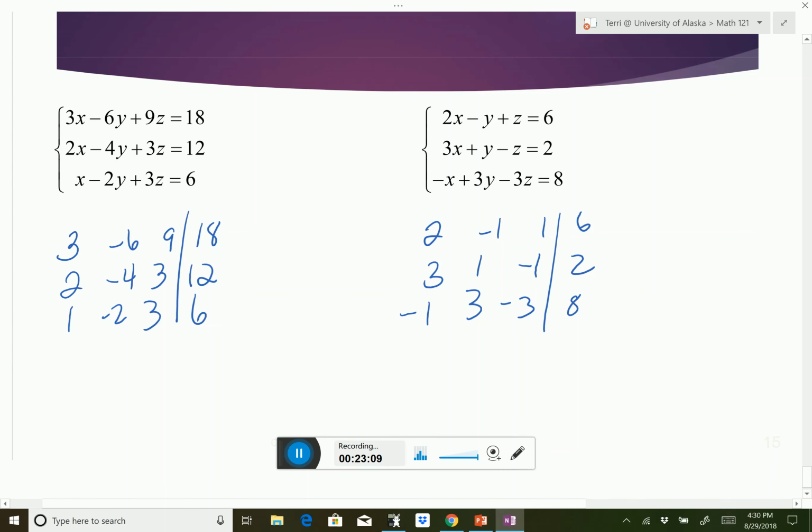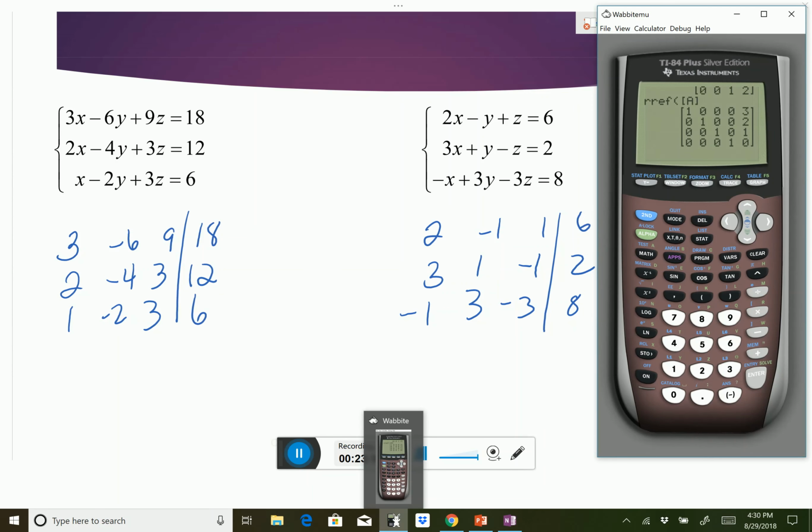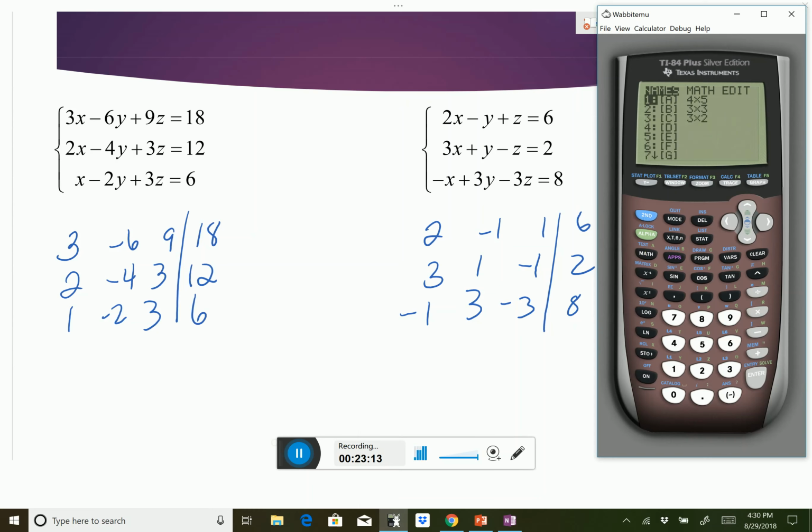Okay, so let's look at your calculator and edit matrix B. Make this a 3 by 4 now. Again, I'm going to pause to put these in.